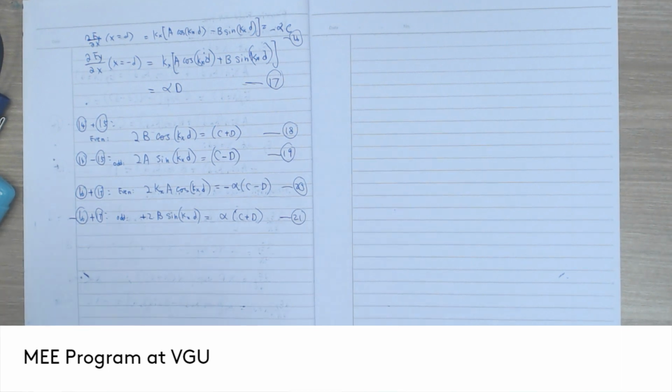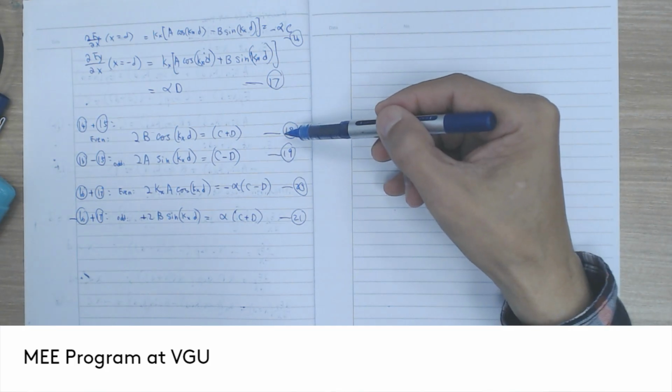So what we can do is separate the even mode and odd mode and then find the solution. Even and odd.